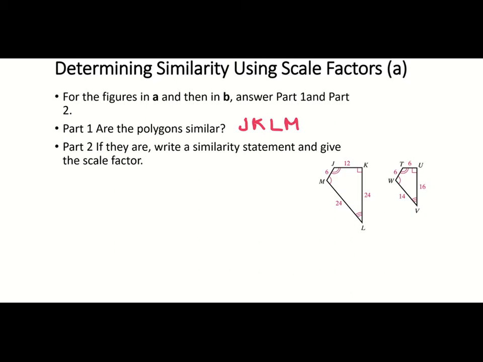And the other one, if I follow the same marking, would be T, U, V, W. Again, I just followed the angle markings around to help me name them, because that helps you see if they're similar or not.